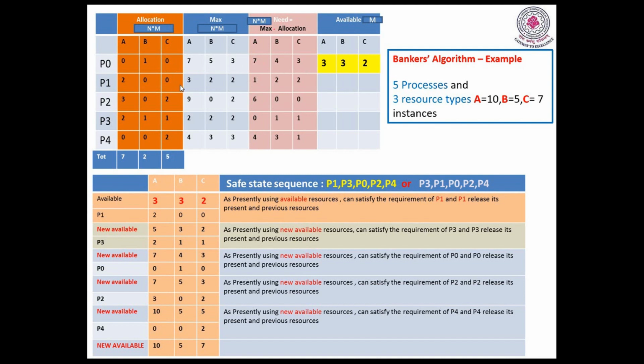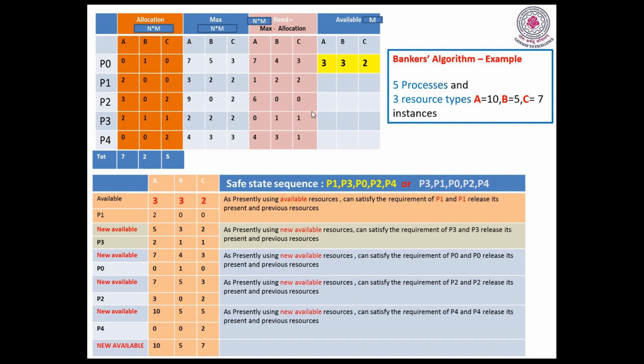So let us see P1. P1 maximum requirement is 3, 2, 2. Allocated 2, 0, 0. So A type resource, 3 minus 2, 1. So 1 still required. B type resource, 2 minus 0, means 2 is still required. C type, maximum minus allocation, 2 minus 0, so 2.